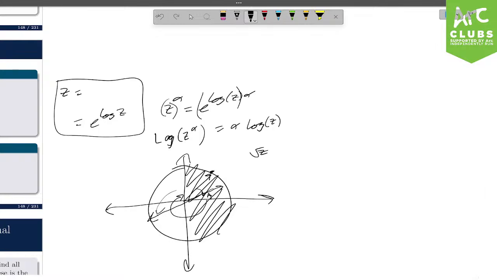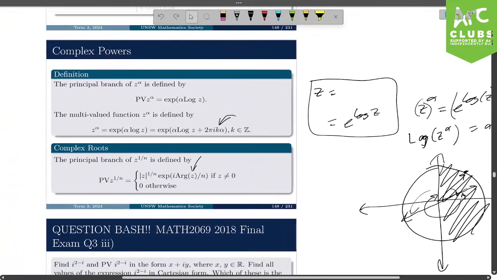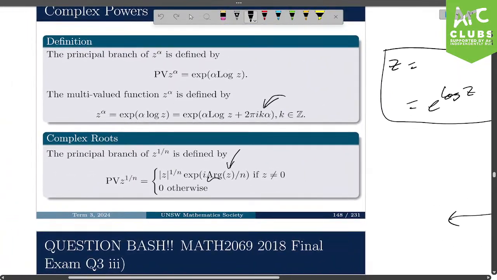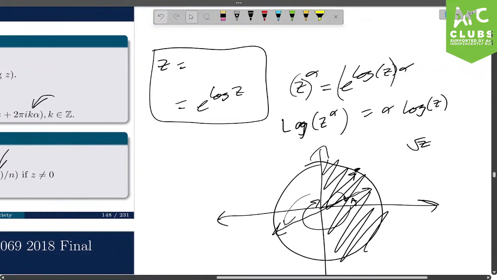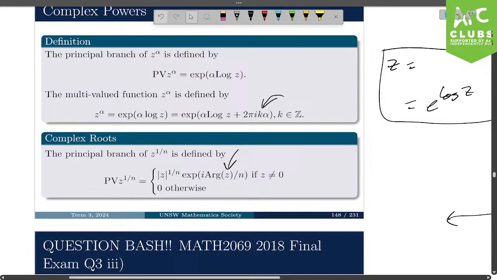Okay? Because in this instance, we're taking principal argument of z divided by 2. Okay? So it's purely talking about principal arguments now. This is how we define the principal branches of complex roots. Okay? And so this comes up as a way that we, once again, avoid multi-valued functions.